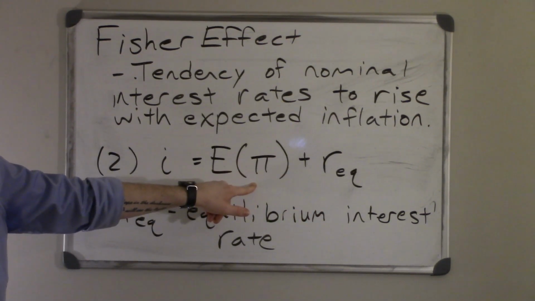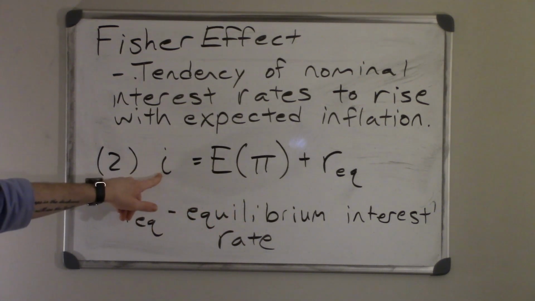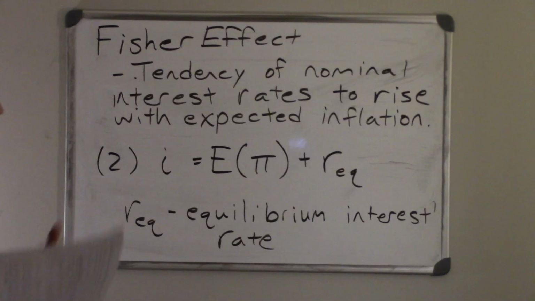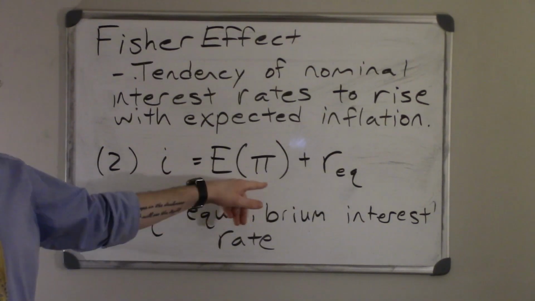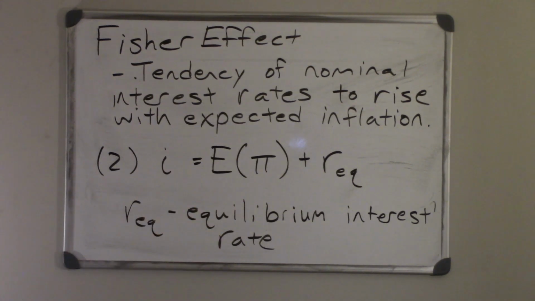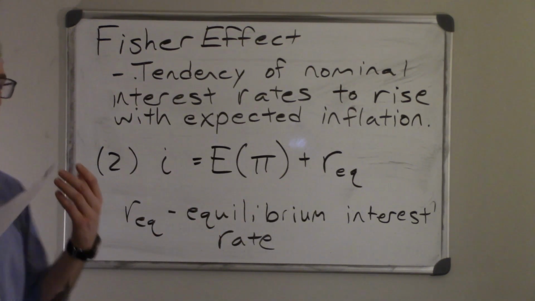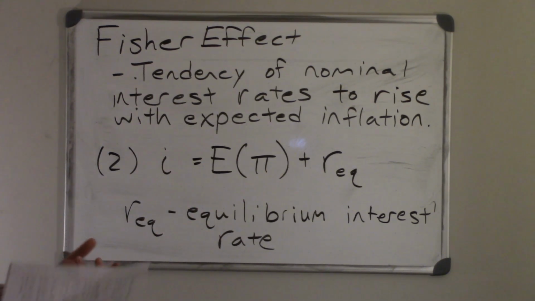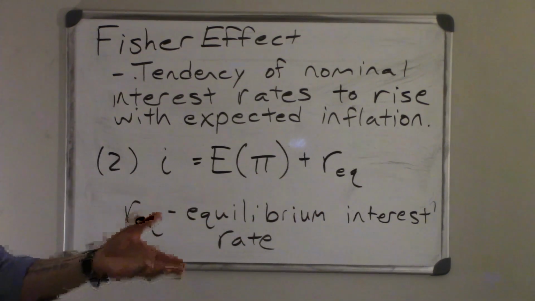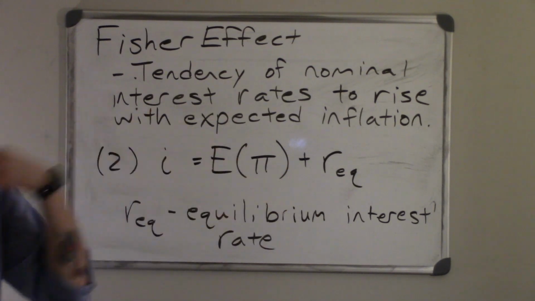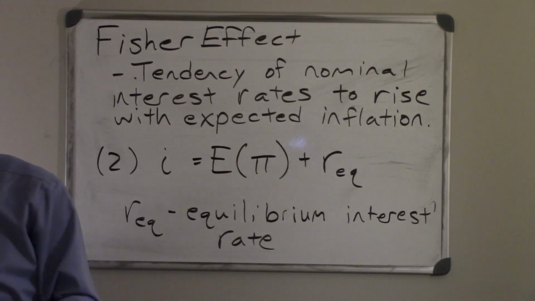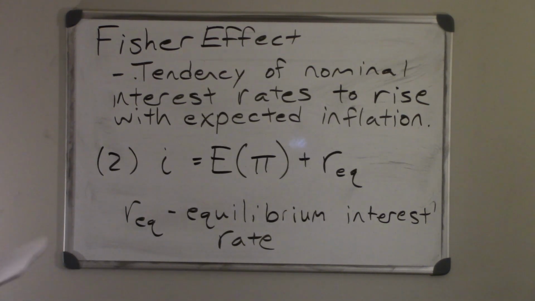This is how much inflation I think is going to happen, right? And so to get my nominal rate, I'm going to add those two together, right? Because at the end, if I was correct and my expected inflation rate and the actual inflation rate are equal, then I'm going to get that equilibrium rate, right? You're going to pay me the equilibrium rate, and I'm going to receive the equilibrium rate.